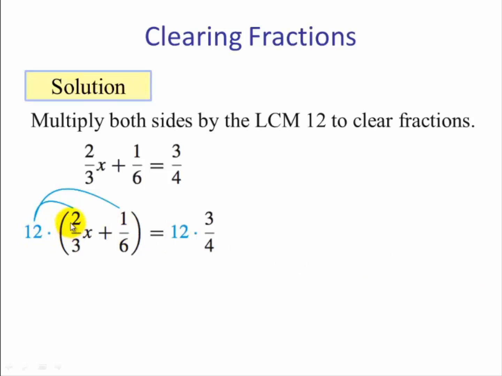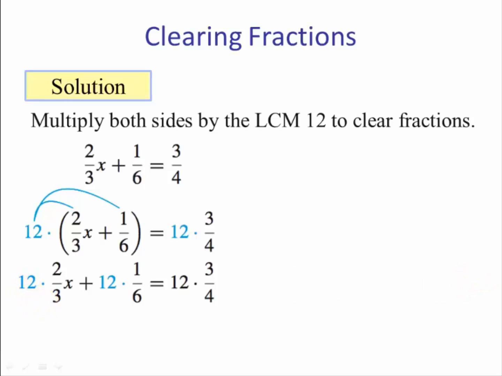So we're going to take 12 times 2/3, we're going to take 12 times 1/6, and we're going to take 12 times 3/4. So if you remember how to multiply fractions, we're going to take the product of the numerators and the product of the denominators. Of course, 12 is the same thing as 12 over 1.